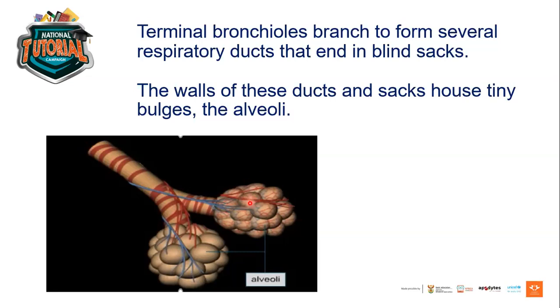What are those bulges called? The alveoli. So these bulges that you see, these are what we call the alveoli. They play a very important part in gaseous exchange. If there's a blockage in any of the systems that we've mentioned here, your entire respiratory system will suffer.